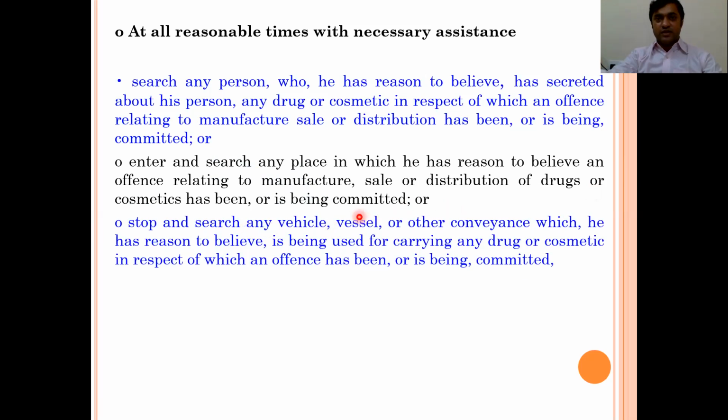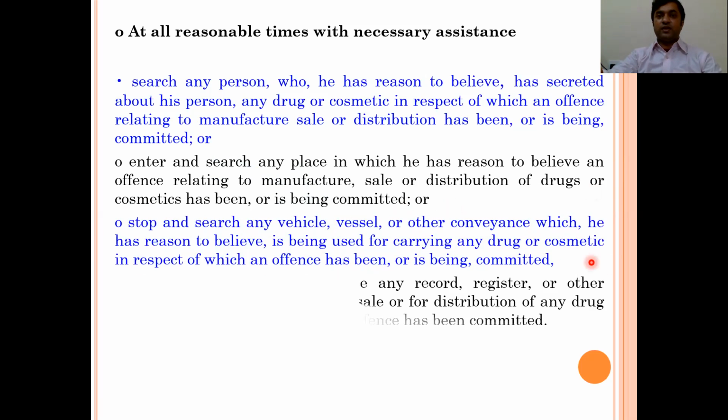He can stop and search any vehicle or other conveyance which he has reason to believe is carrying any drug or cosmetics in respect of which an offense has been or is being committed. Means someone is carrying illegal drugs. If he gets information, he can stop and search the vehicle.